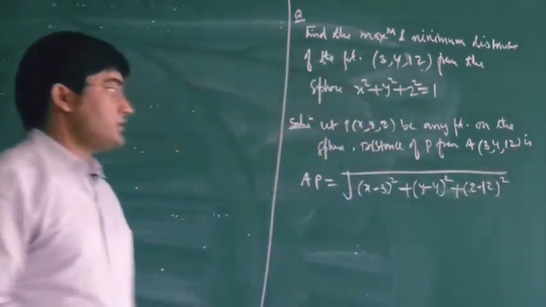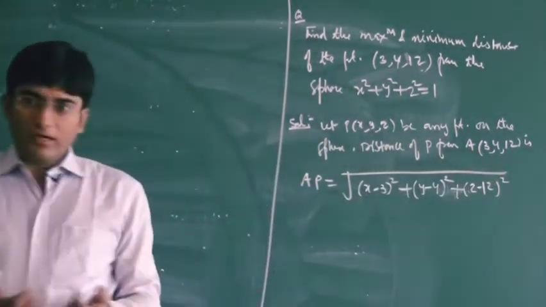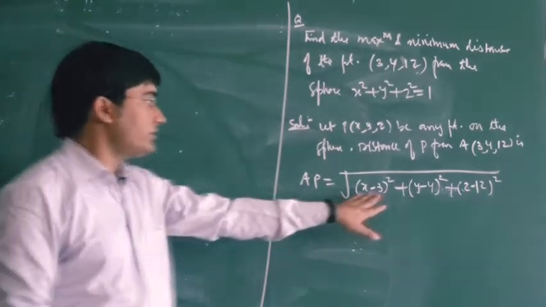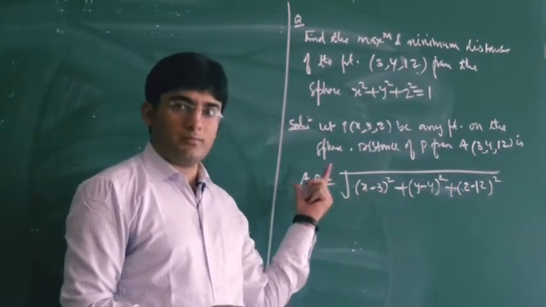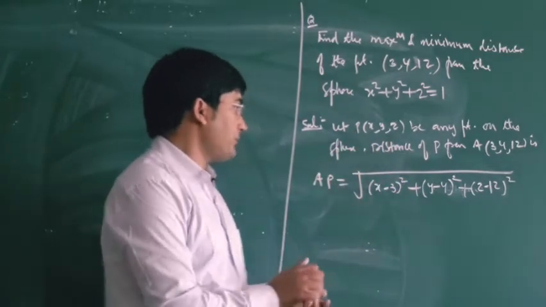So this is the distance of the point x, y, z from this point. Now if we can have the values of x, y and z, then we can get the maximum or minimum value of this distance between point A and point P.